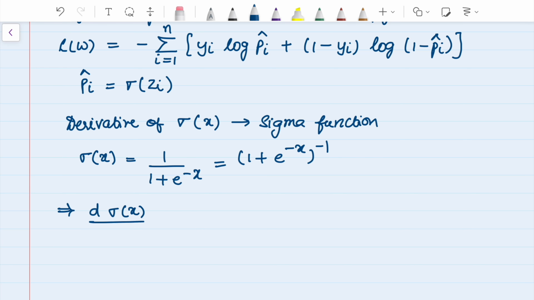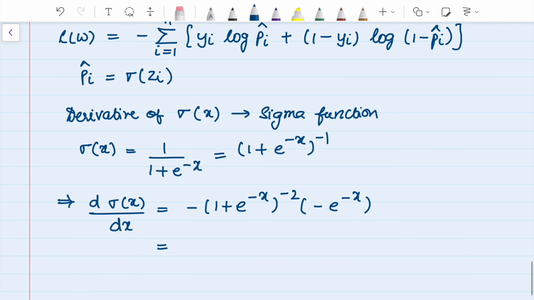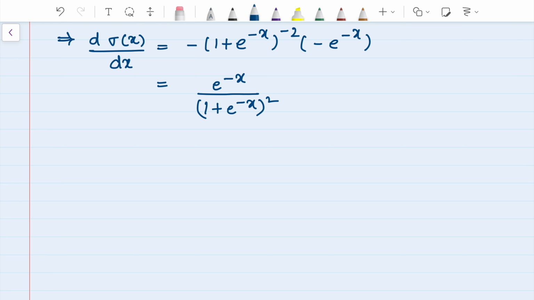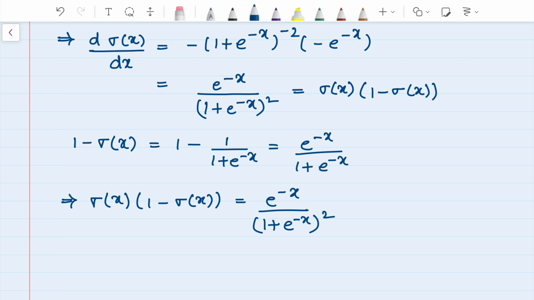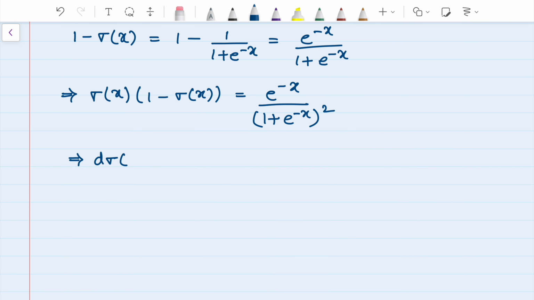Therefore, the derivative would be minus (1 + e^(-x)) to the power minus 2 times minus e^(-x), which is nothing but e^(-x) / (1 + e^(-x)) whole squared. Since 1 - sigma(x) equals e^(-x) / (1 + e^(-x)), the simplified form of the derivative would be sigma(x) times (1 - sigma(x)).